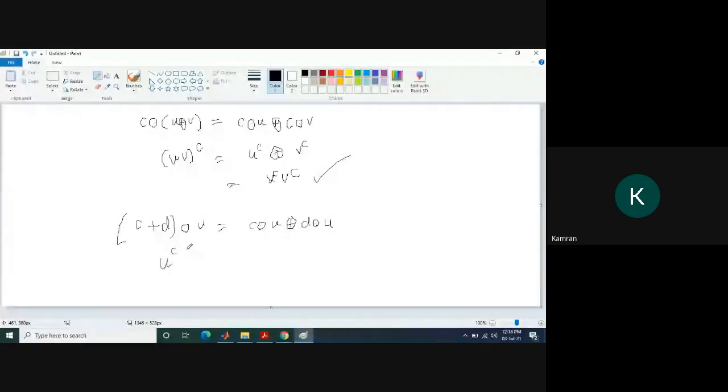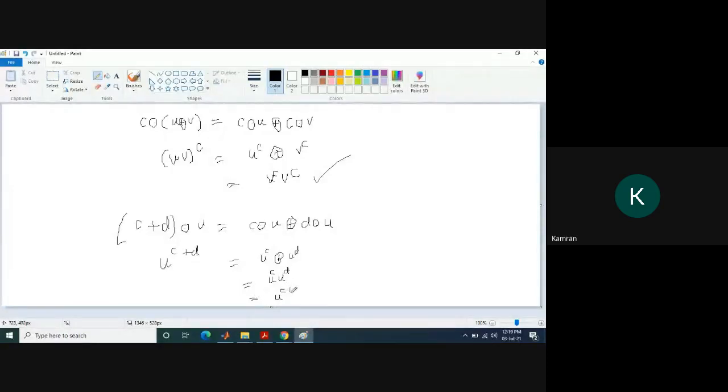And this will be u power c plus u power d, and by definition u plus v is equal to uv. So u power c into u power d, and this is equal to u power (c plus d).